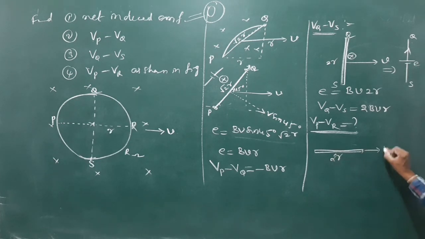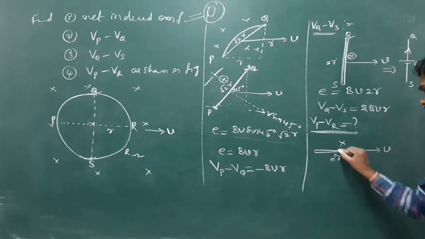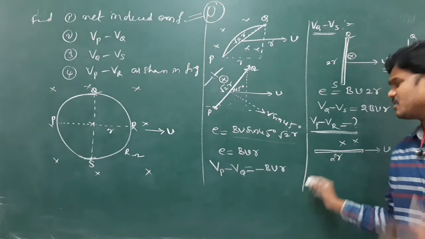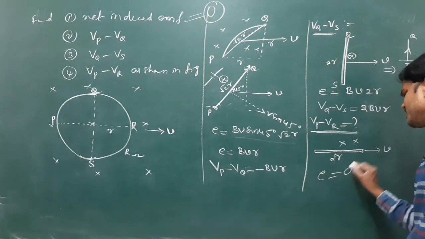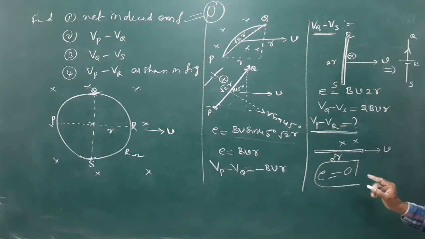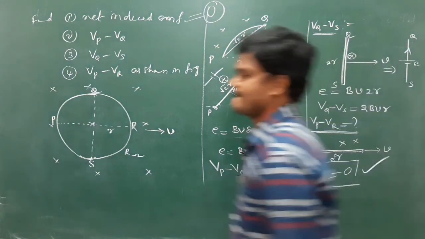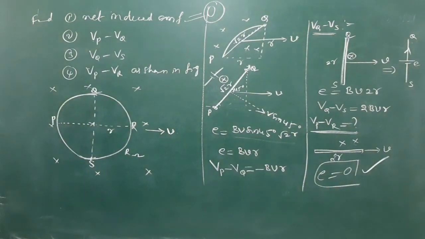And see how it is moving. It is moving to the right side in a magnetic field B. So here these two are parallel to each other. If any two are parallel to each other, what is the net induced EMF? Net EMF is 0. So VP minus VR is equal to 0. Okay, check the values.